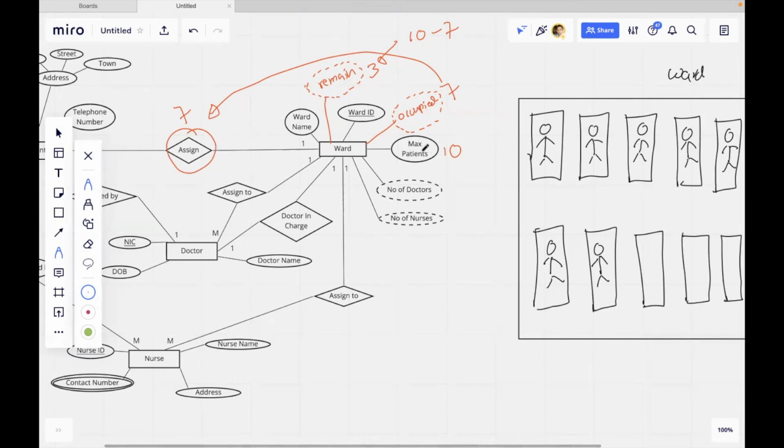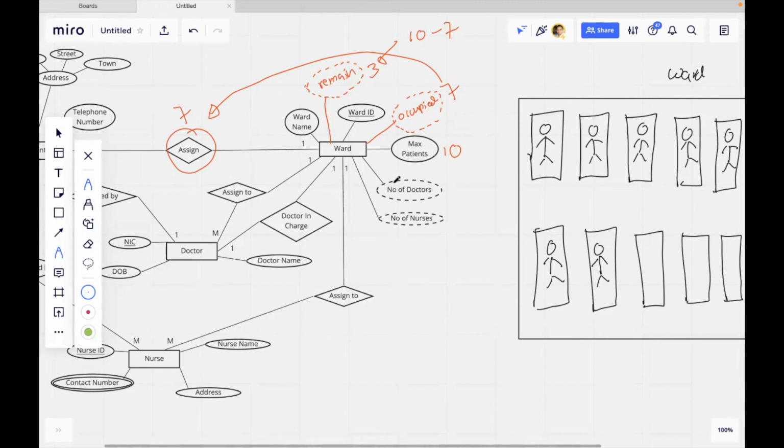But the max patients cannot be calculated. You have to store it in the database in this attribute. That is why this is the usual, normal attribute, the max patients 10. But the other things can be calculated, so they are derived. I think you may understand what is meant by derived and other attributes.